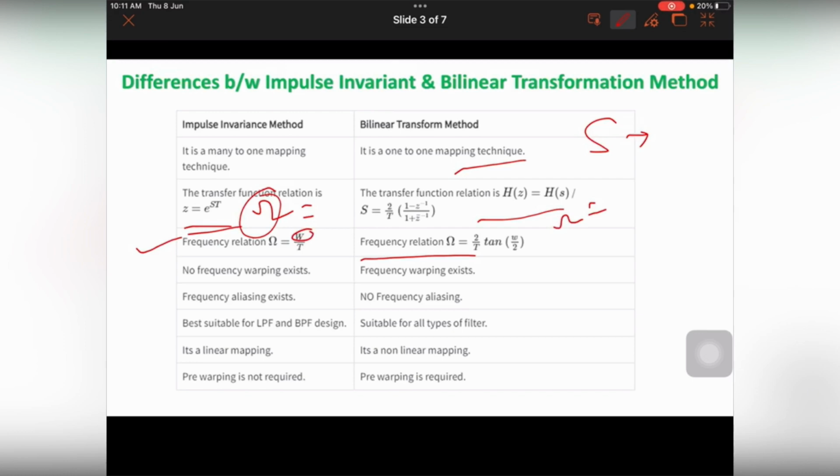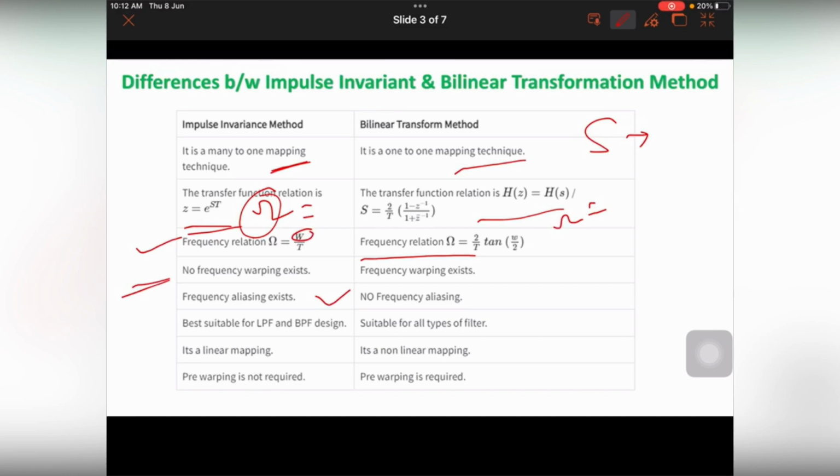Next, frequency warping. To convert the analog filter to a digital filter, we have frequency warping in the case of bilinear transformation, but there is no frequency warping in the case of impulse invariant transformation. Frequency aliasing exists because the mapping is many to one, so there will be chances of overlapping of poles or signals.